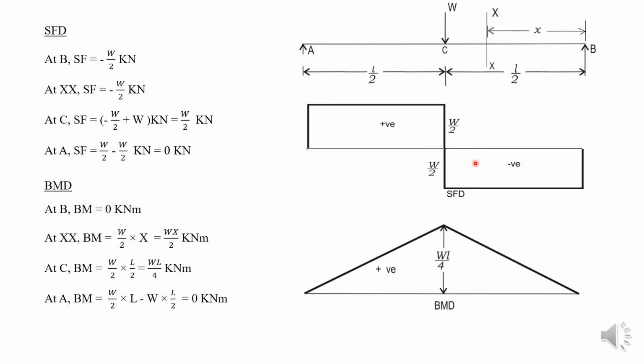Now we have to draw the bending moment diagram for this simply supported beam. So the bending moment at simple supports will be 0, that is bending moment at A and bending moment at B will be 0.